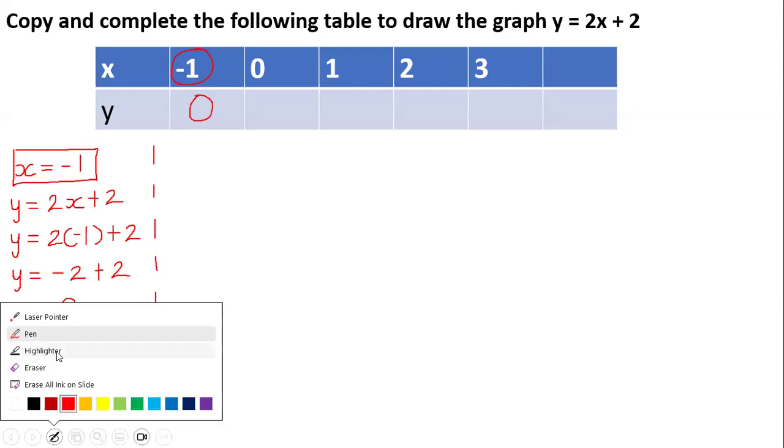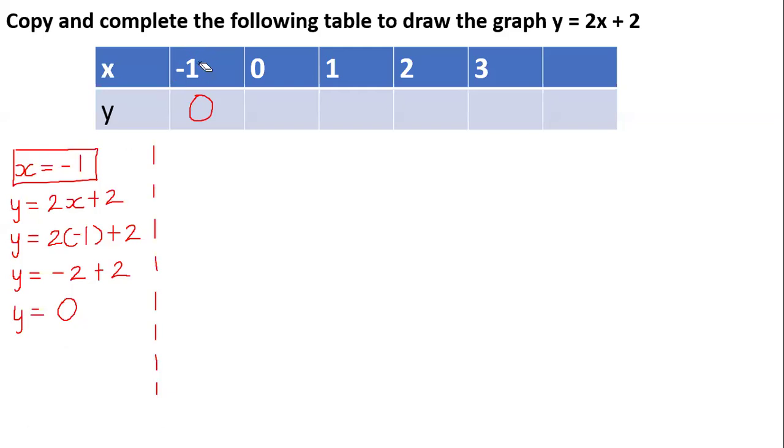And so now what we have here is, x is equal to what? x is equal to 0. So for x equal to 0, we have y is equal to what? 2x plus what?